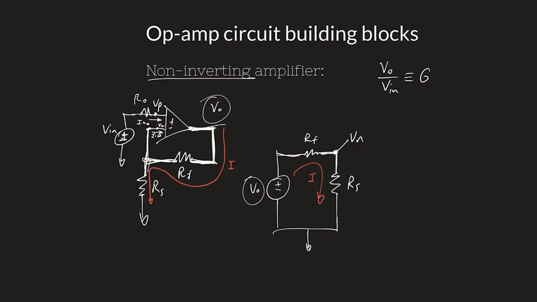With this circuit drawing here, I can find a relationship between Vout and Vn. But I need to make a relationship between Vn and Vin somehow. This just adds unnecessary complexity.